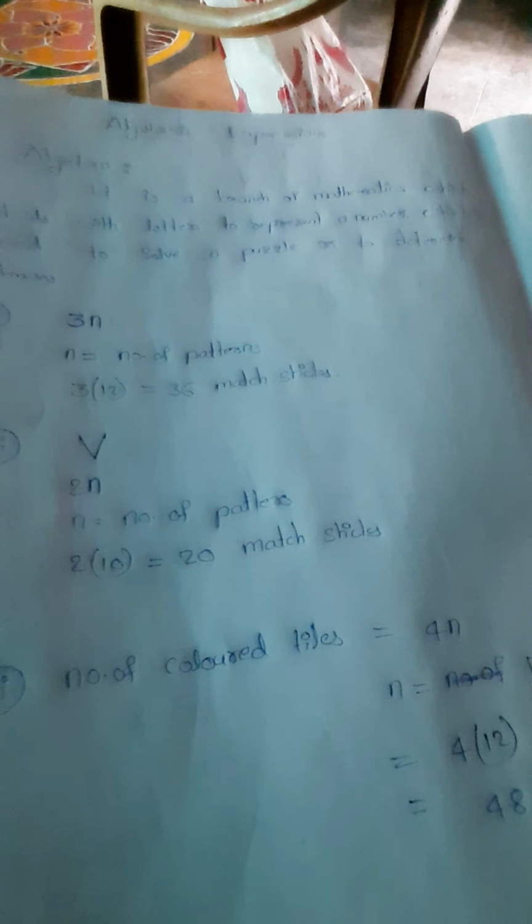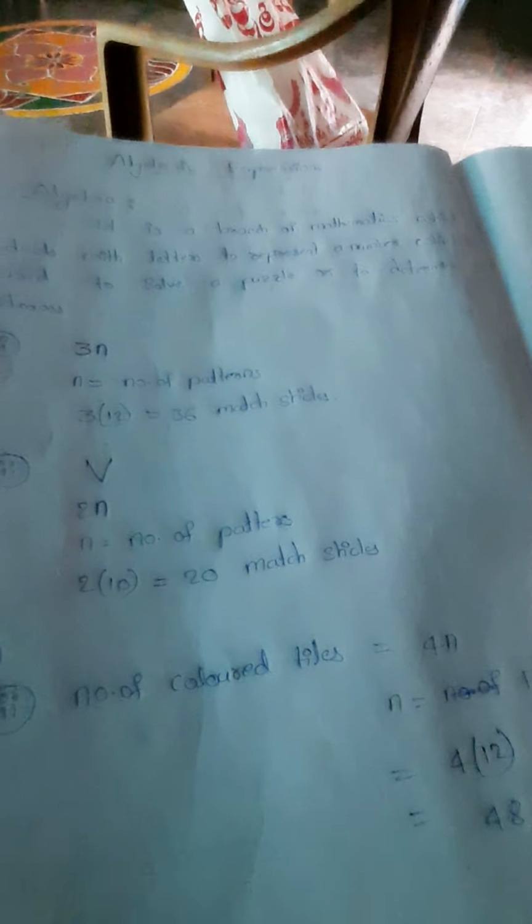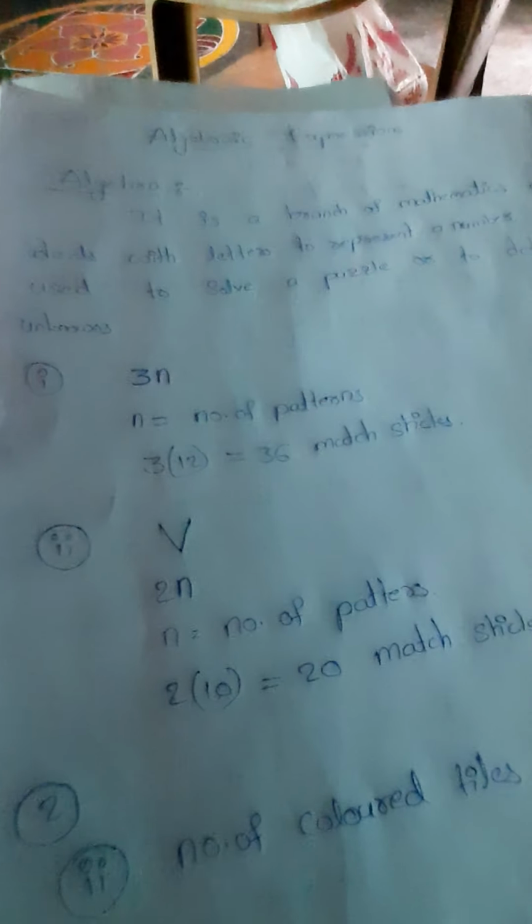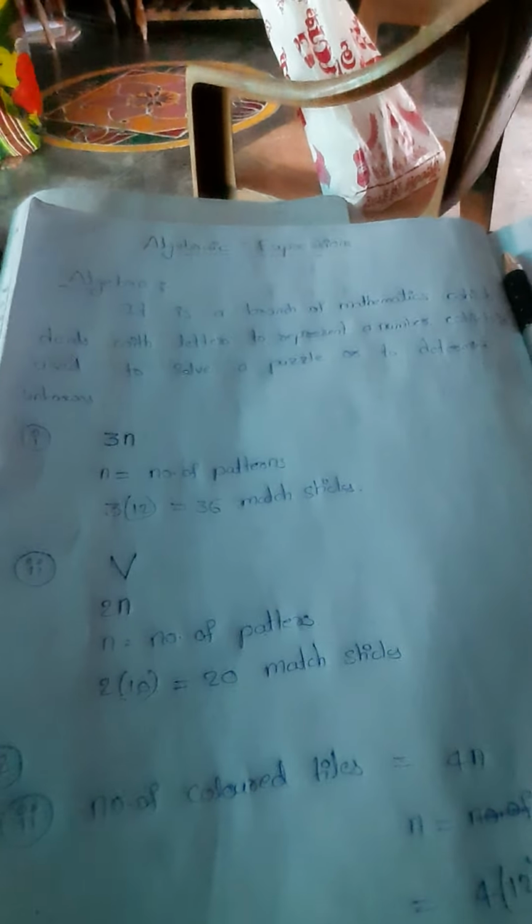So this is how algebra is helpful in finding the answers to this kind of puzzles, and to determine the unknowns. And let us revise the definition once again. It is a branch of mathematics which deals with letters to represent a number, which is used to solve a puzzle or to determine the unknowns.